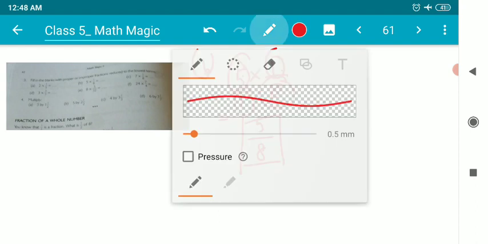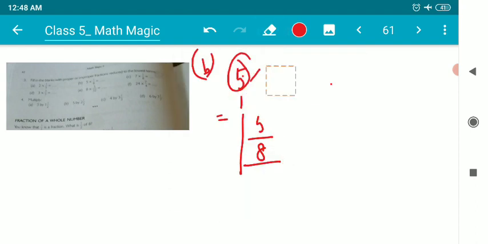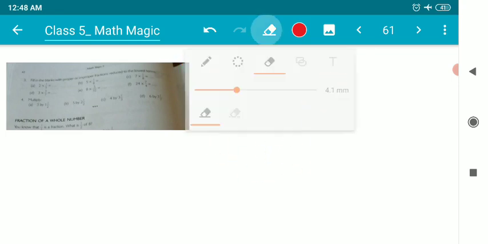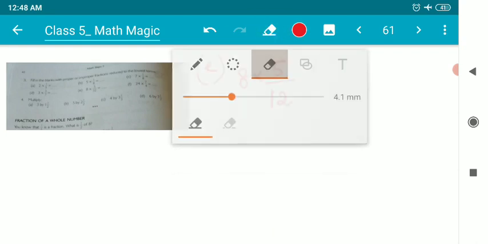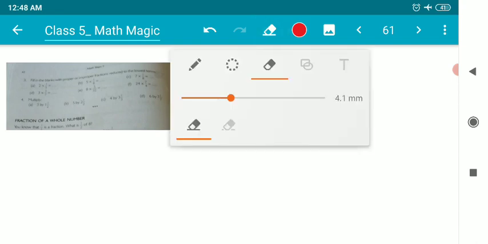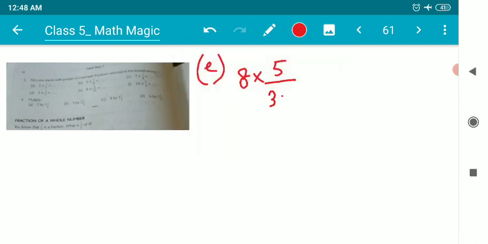I just want to show you question number E, which is slightly different from the previous A, B, C, D. Question number E is about 8 into 5 by 32. I'm sorry, children, it's 5 by 32.